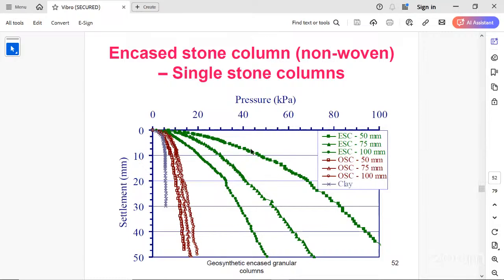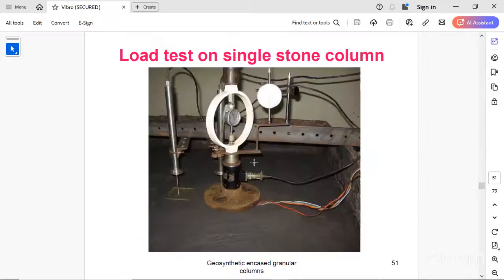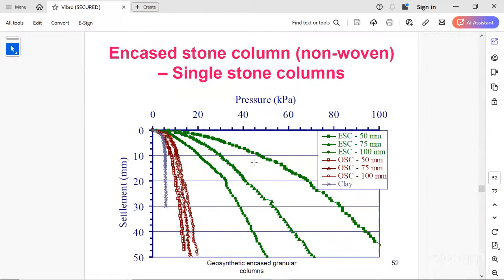So the secant modulus is the slope of the pressure versus strain graph at a particular strain level. And so in order to limit the settlements to some value, or the strain to some value, we take the corresponding secant modulus. Is that clear?